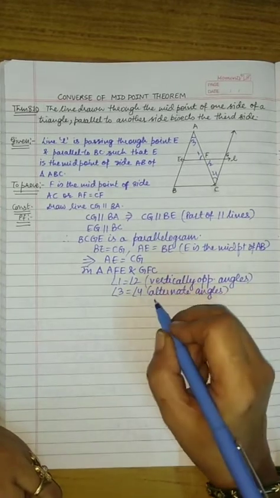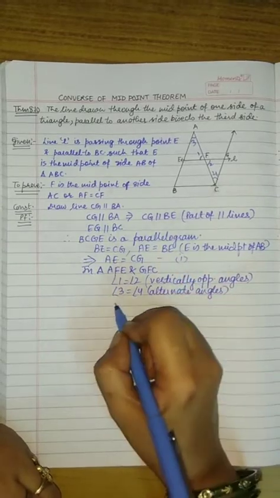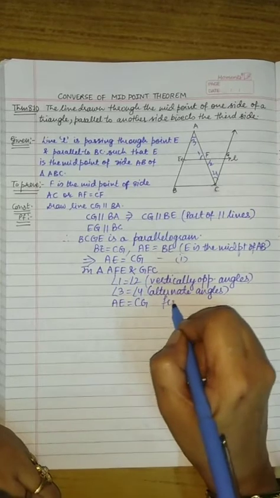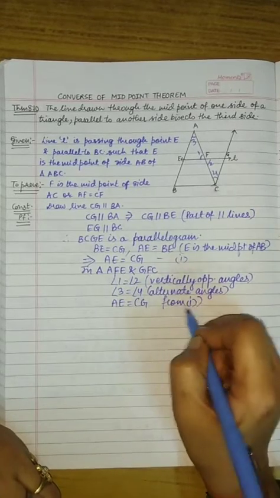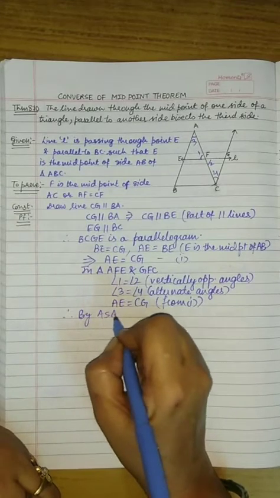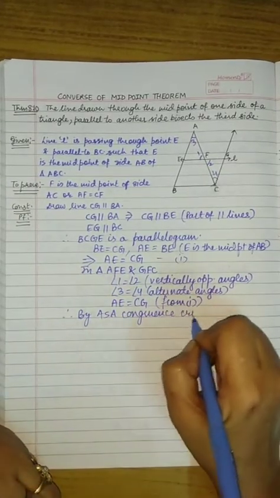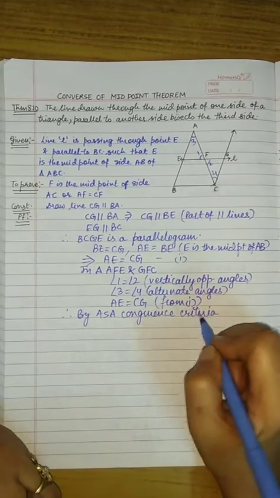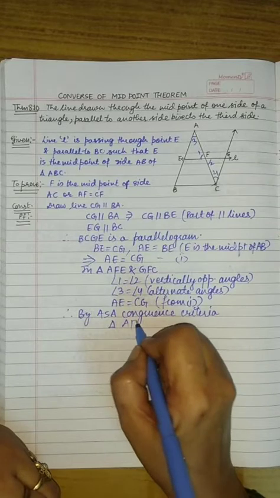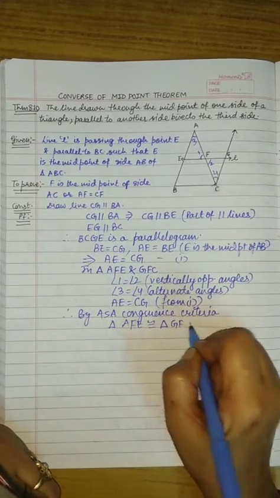Then we have just proved from 1 that AE is equal to CG. So therefore, by angle side angle congruence criteria, both the triangles are congruent. Triangle AFE is congruent to triangle GFC.